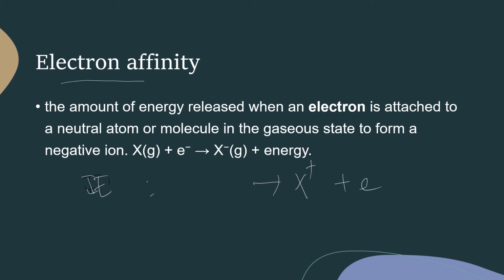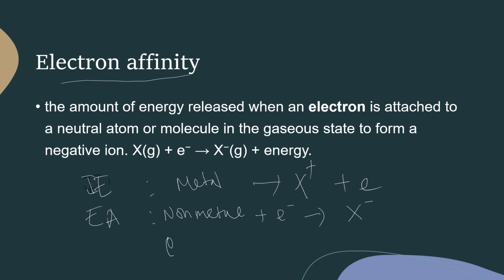For electron affinity, it is the opposite. Electron affinity happens to non-metals, while ionization happens to metals. A non-metal will take an electron to form a negatively charged ion.